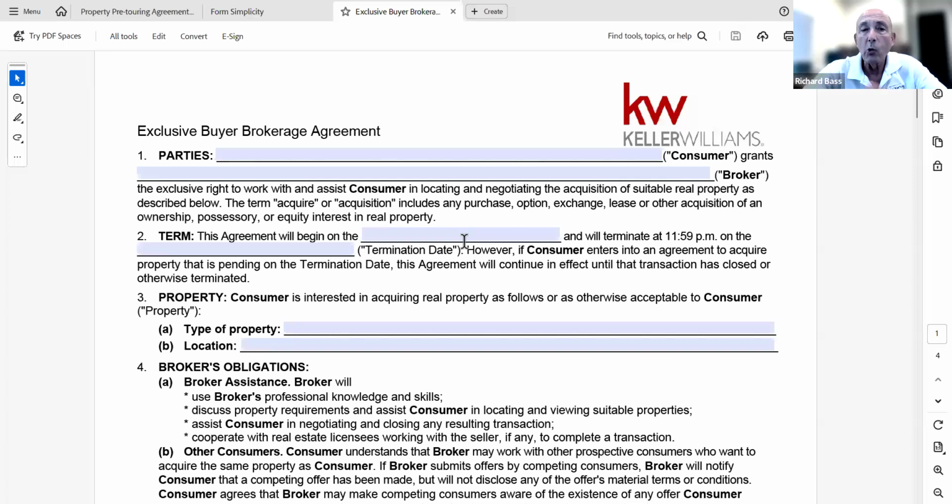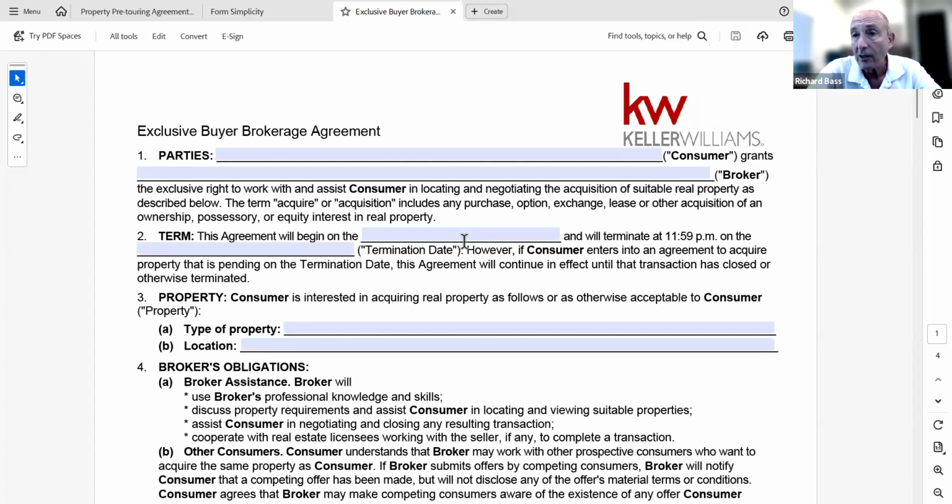This is the equivalent of the listing agreement that you're signing when you take a listing. The one that I'm going over today, that I believe in, is where you are acting as a single agent. You are representing, again, what they call a consumer. To me, this agreement is with a client because you're representing them in a fiduciary relationship.